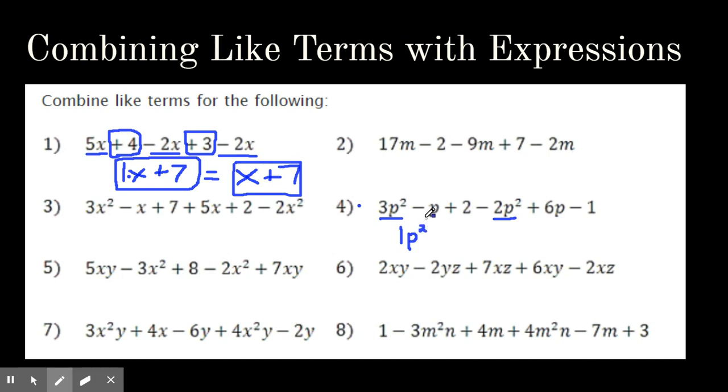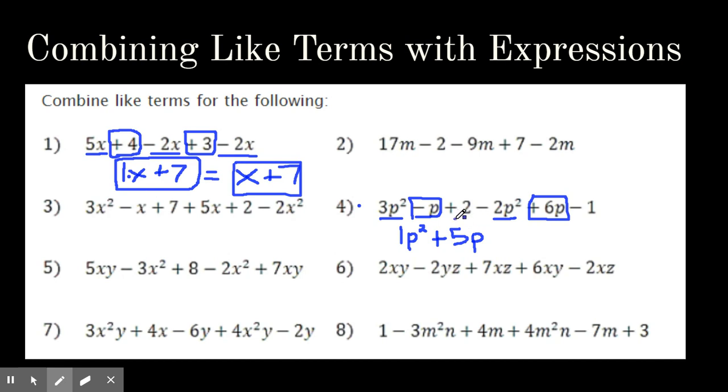Okay, and we have a negative p and a plus 6p. This was why we practiced adding and subtracting integers before we started this. We had to make sure that we understood our adding and subtracting integers first. So we have negative p plus 6p. If we think of the number line, we end up with a positive 5p.